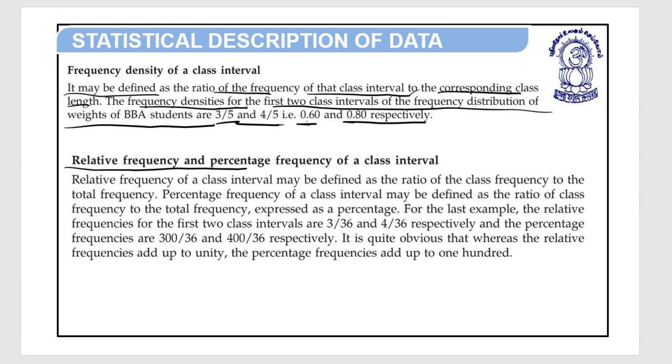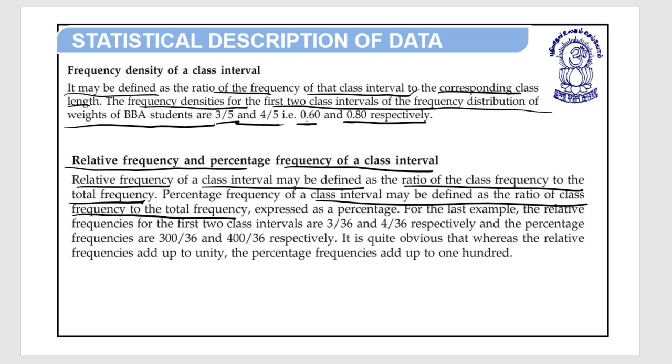Relative frequency and percentage frequency of a class interval. Relative frequency of a class interval may be defined as the ratio of the class frequency to the total frequency. Percentage frequency of a class interval is the ratio of class frequency to the total frequency expressed as a percentage.